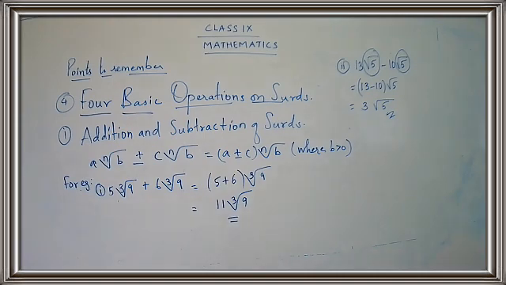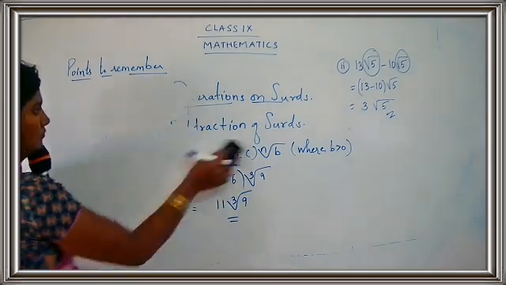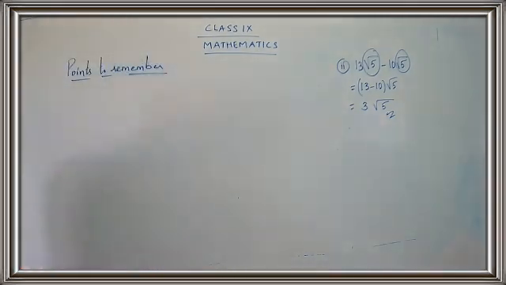That is, now we are going to talk about the multiplication property of surds. So this was addition and subtraction of surds. Now let us go for multiplication and division of surds. Shall I rub this part? For addition and subtraction we dealt together. For multiplication we'll do separately, and for division we'll do separately.